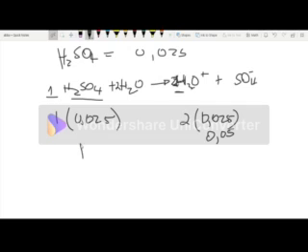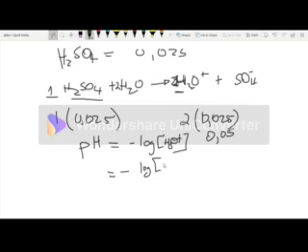So now what we can do is simply say, remember, to find the pH, the pH is equal to the negative log of the hydronium. Then from there substitute, we have negative log of 0.05, and this will give us 1.3 not.